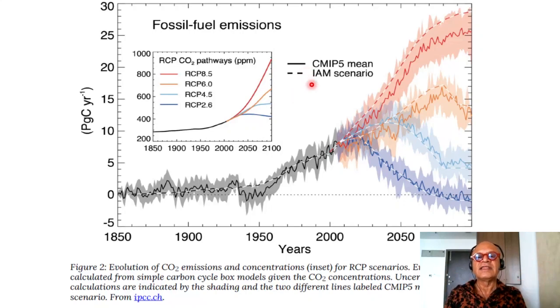And then there are other models called integrated assessment models, which include details of various socioeconomic activities: energy, transportation, agriculture, etc. And they tend to either put in the climate from a climate model, or they use some simple relations between temperature and economy, crop yields, and so on.